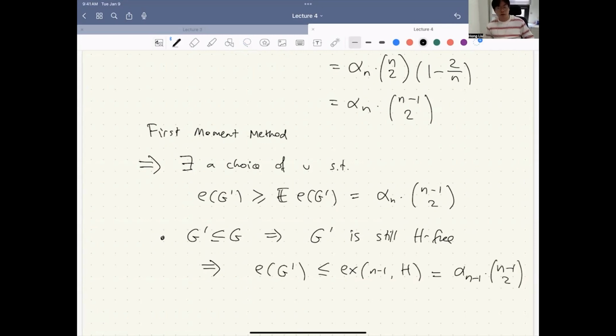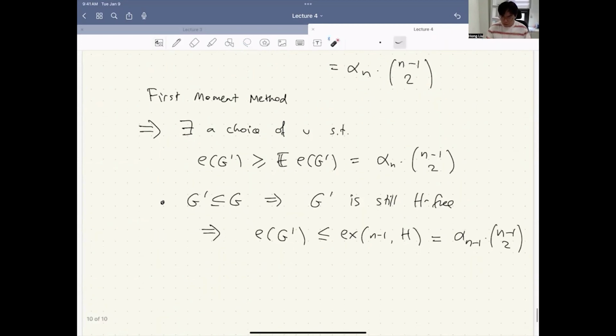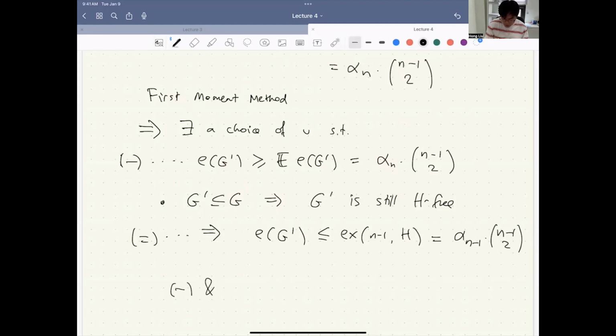That's our definition of the alpha sequence. Let me label these 1 and 2. So 1 and 2 imply alpha n is at most alpha n minus 1. And we are happy.